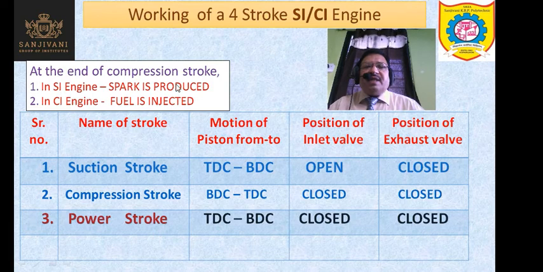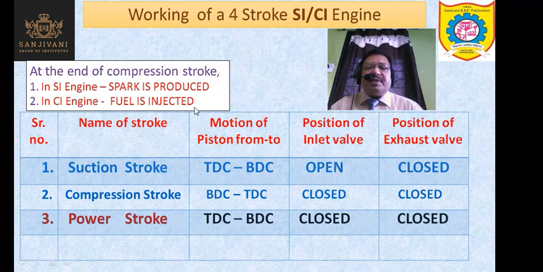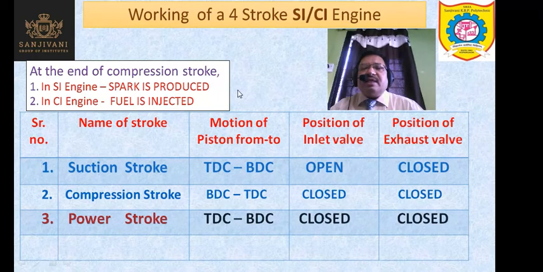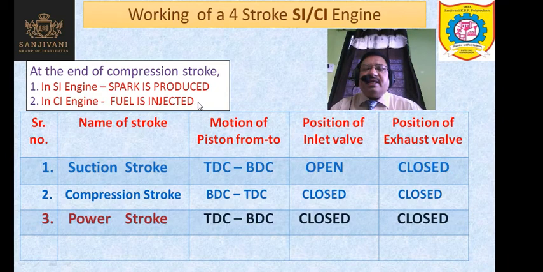So in case of SI engine, due to the production of the spark, the combustion of the fuel takes place, and in case of CI engine, since the compression ratio is very high, the pressure at the end of compression is very high, so the temperature at the end of compression is very high, that is more than the ignition temperature of the fuel. So as soon as the fuel is injected inside the engine cylinder, combustion of the fuel starts, and thus the power stroke starts.